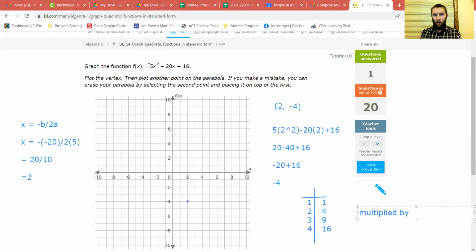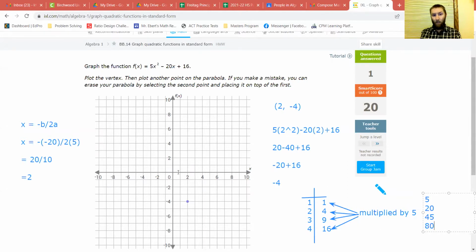Well, that's the number at the front of the equation, 5. So the ups get multiplied by 5, which turns them into not 1, 4, 9, 16, but actually 5, 20, 45, and 80.